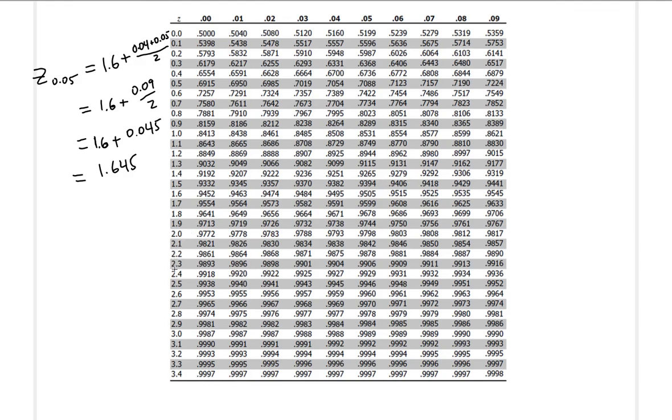So 2.5 is what we should be looking at. And notice that we're only looking at this value here. We're not looking at the other values for the probability. Because notice that 2.5, this row number, corresponds to this column value of the z, because 2.5 is equal to 2.5 plus, remember that I said that these have to add up.